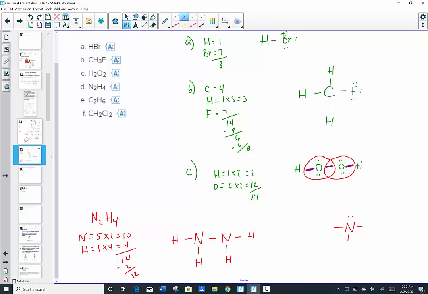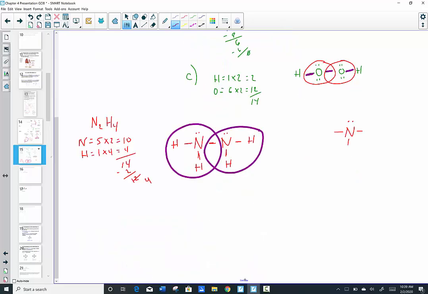We used 1, 2, 3, 4, 5, 6, 7, 8, leaving us 4 electrons left. 1, 2, 3, 4. Each nitrogen has its 3 bonds and 1 set of dots. Each nitrogen, 3 bonds, 1 set of dots. You drew the Lewis dot structure, connecting the nitrogens together and using the hydrogens to complete the bond requirement.